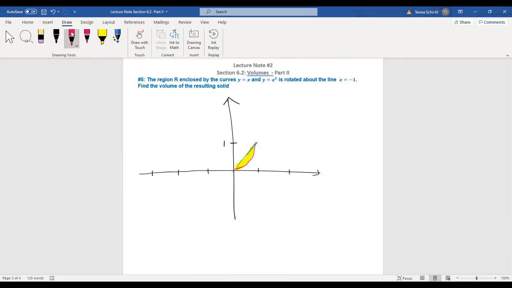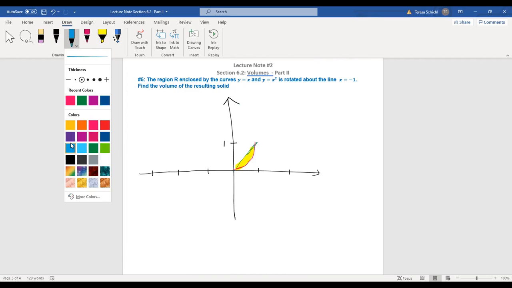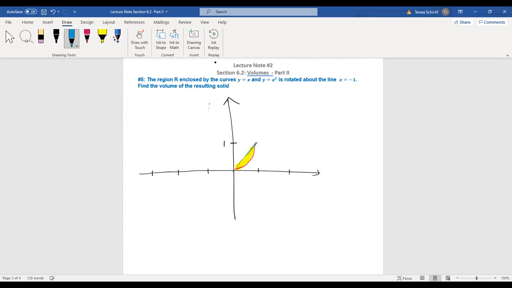Now we are going to rotate along x equal to -1. That means I'm shifting which axis? I'm shifting the y-axis, so this is the new axis, x equal to -1.